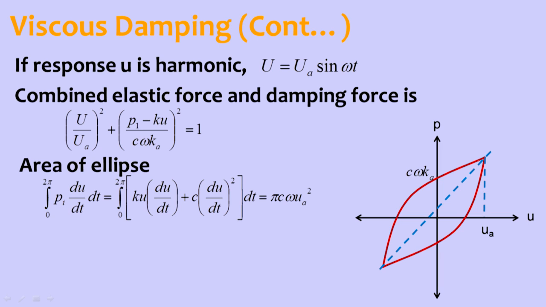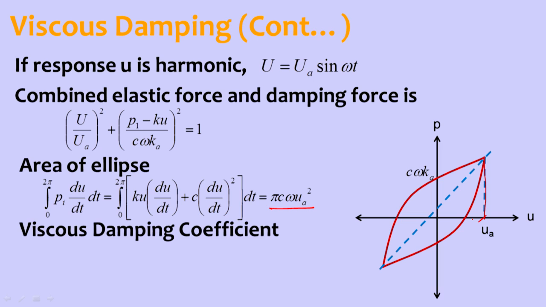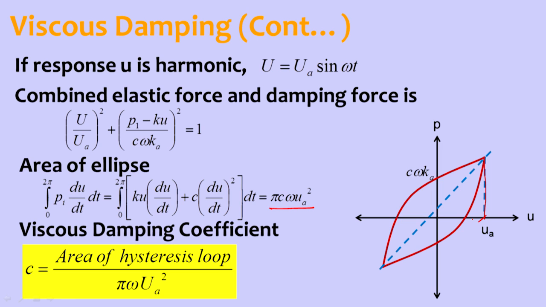If we calculate the area of this ellipse, we get πcωua², where ua is the peak displacement. The viscous damping coefficient is calculated as c equal to the area of the hysteresis loop divided by πωua². That is how c is calculated.